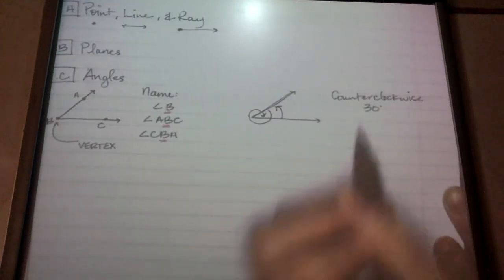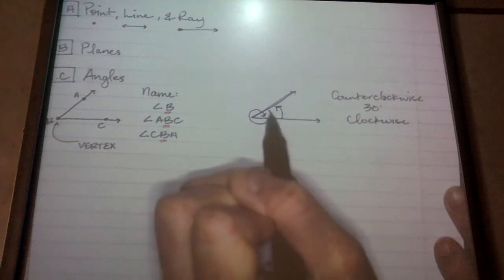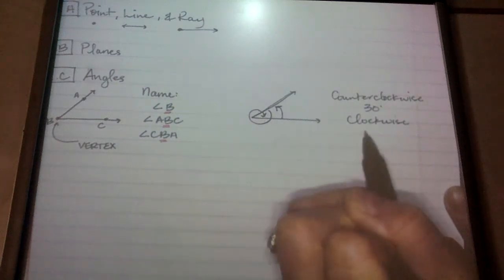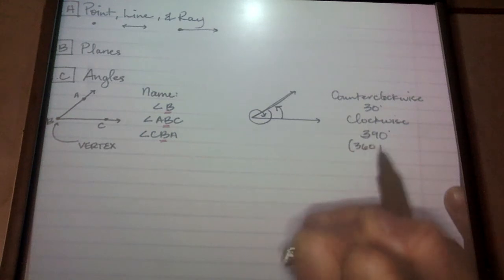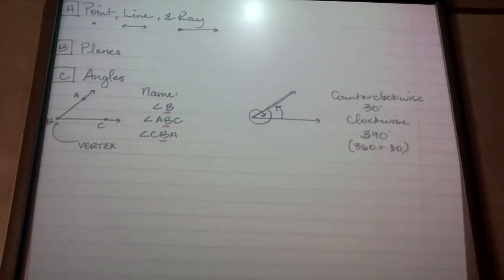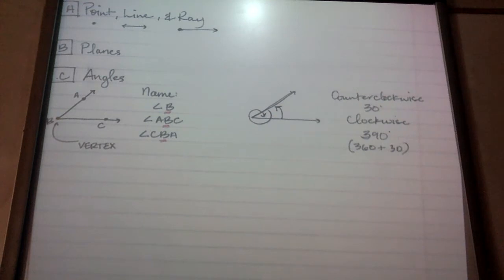But if I was to measure this clockwise, I went in a full circle and then some, so this would be 390 degrees. It'd be the 360 plus the 30, because I went in a full circle first. So just know there's 2 ways to form an angle, counterclockwise and clockwise. It's super important for later.